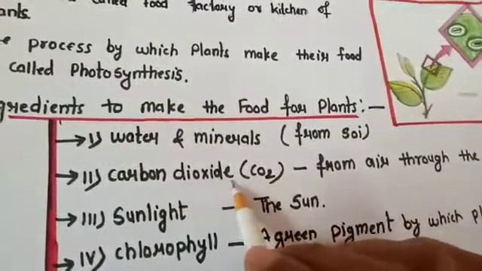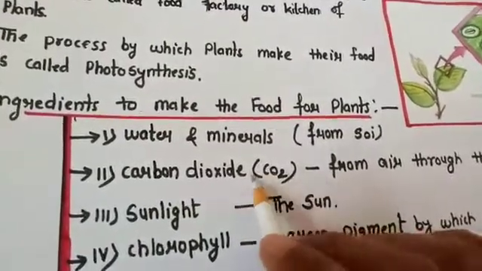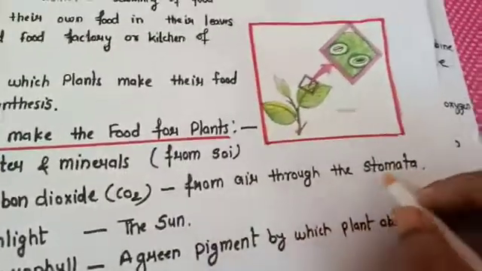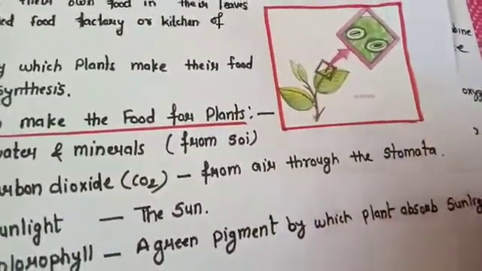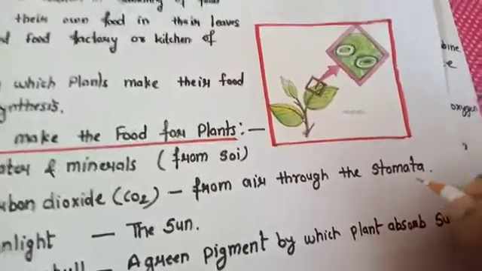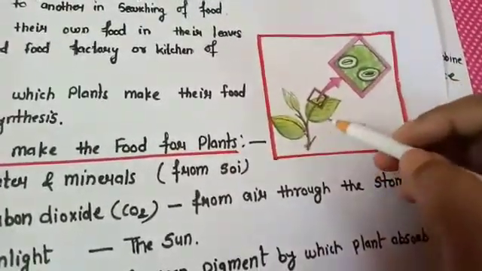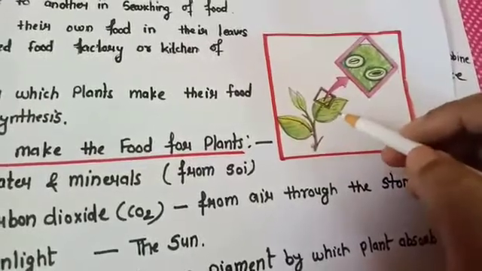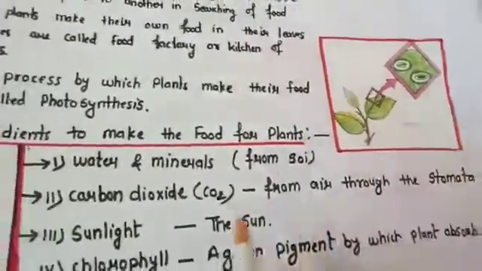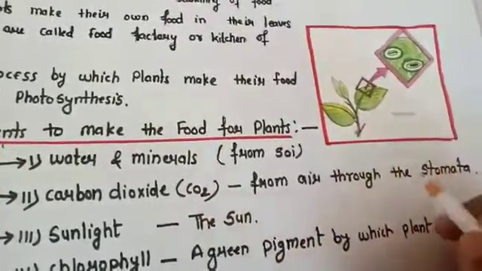Now carbon dioxide. A plant can get carbon dioxide from the air through the stomata, and we know that stomata are the tiny pores which are present under the surface of the leaves. So a plant can take carbon dioxide with the help of stomata.